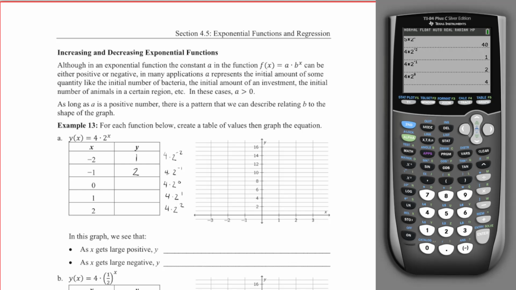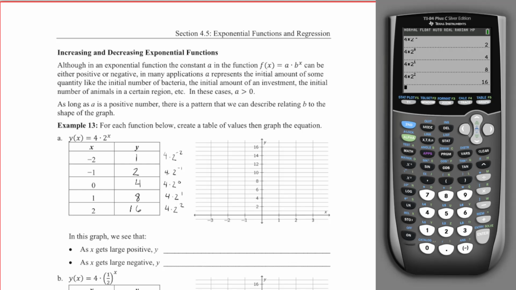To the 0, of course, we get 4. To the 1, we get 8. And to the 2, we get 16.